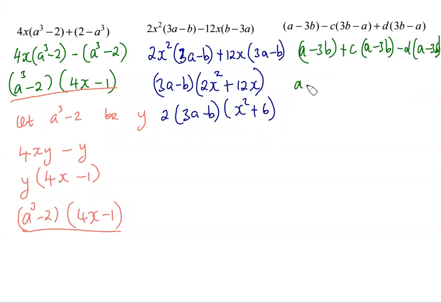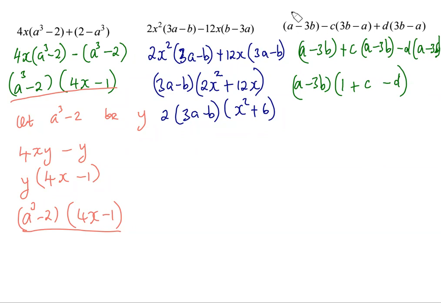So we're going to say a minus 3b into a minus 3b, we get 1 plus c, a minus 3b, we're going to get just c. Then minus d, a minus 3b, we're just going to get d. So that's your final answer like that.